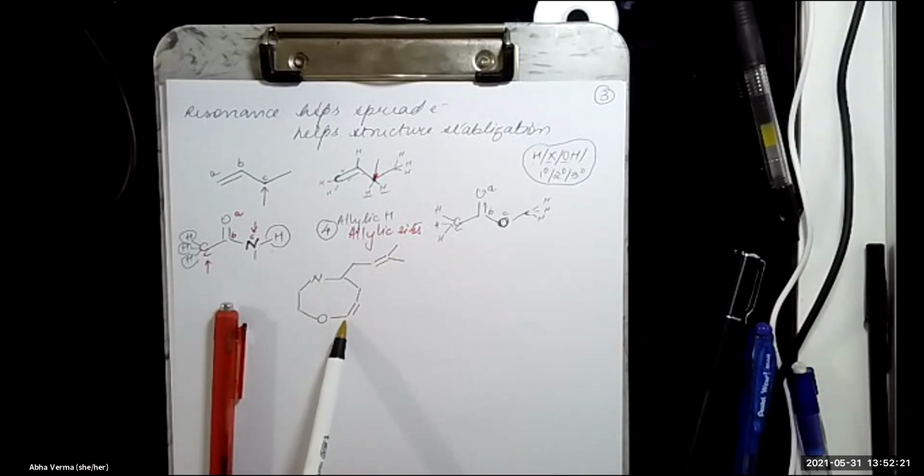Okay, I want all of you to draw the structure. So looking at this structure, how many allylic hydrogens does this structure have?